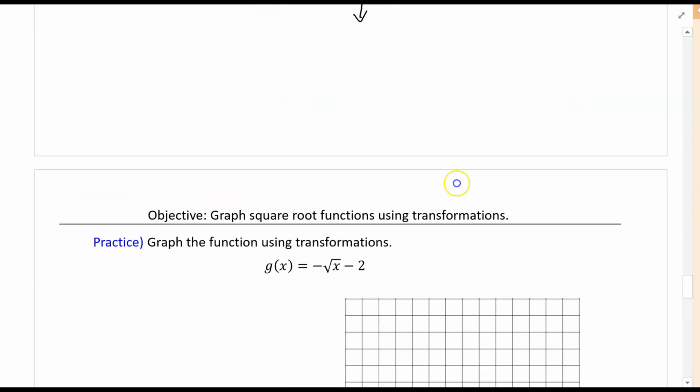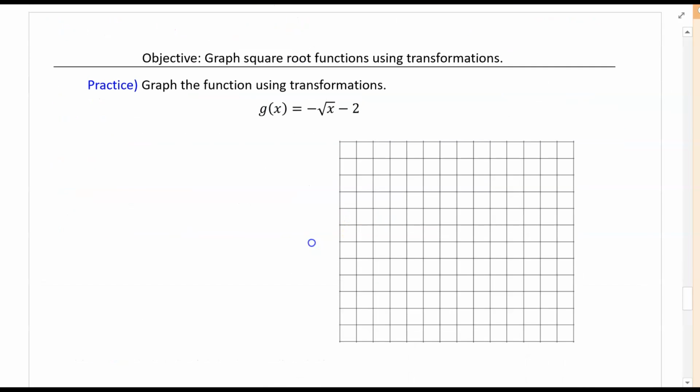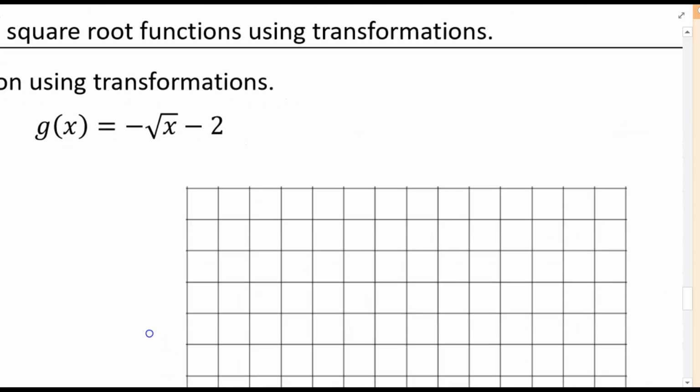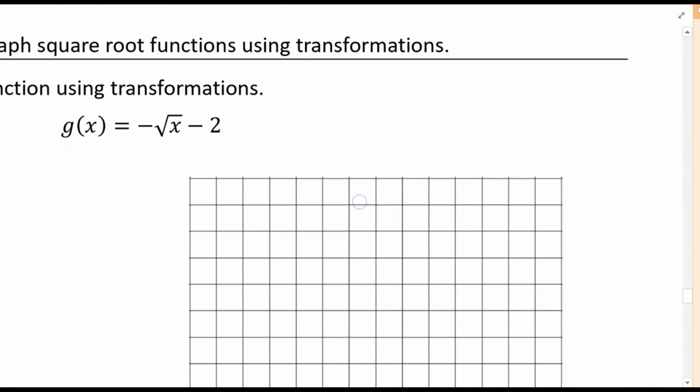Next example, you guys are trying again. Be careful with this one, because it's a little bit tricky. Before you get started, have a conversation with your partners, your group. What are A, H, and K here? Be careful.